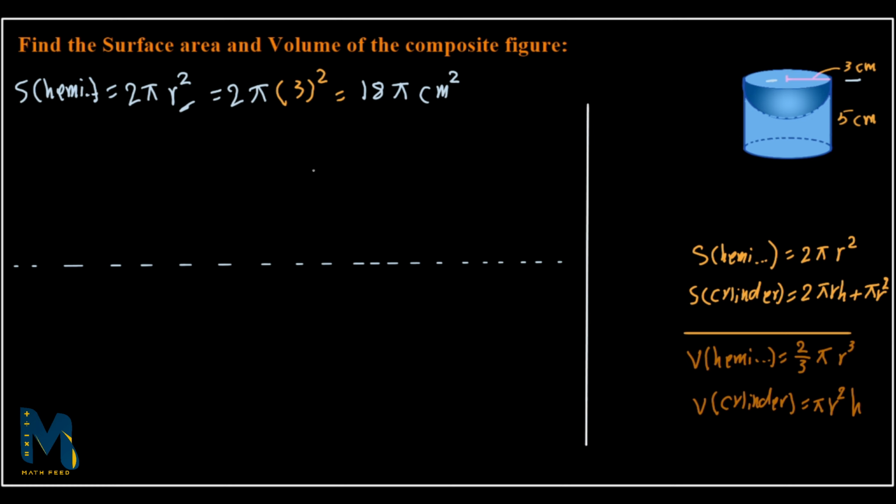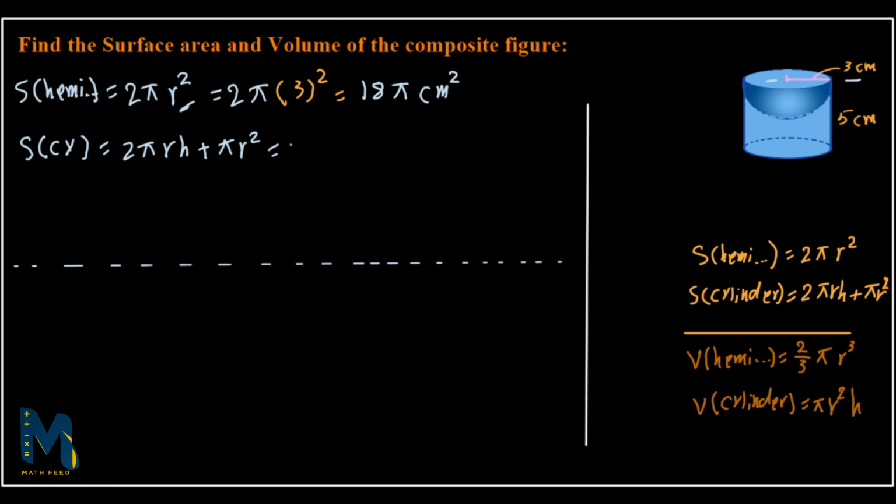Now just rewrite the rule of a cylinder: S of cylinder equals 2 pi rh plus pi r to the power 2. So now we can just substitute the radius, and this is h. 5 centimeter is our height.